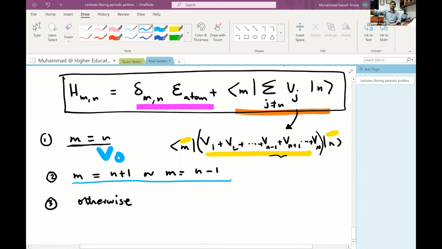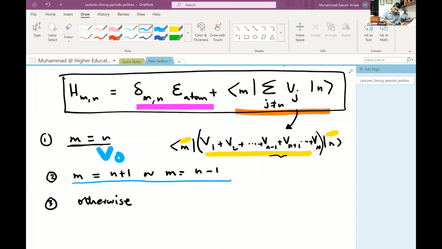All the potential energies in the system, besides the nth nucleus, will cause the electron to make a transition from the nth to a neighboring orbital. Okay, and we assume that transitions only to the nearest neighbor are possible, only to the immediate neighbor are possible.